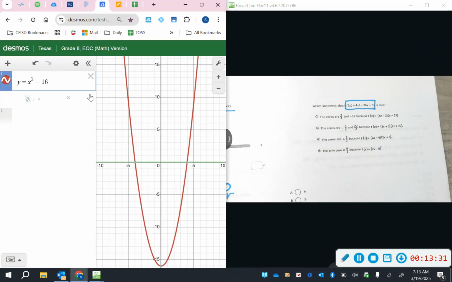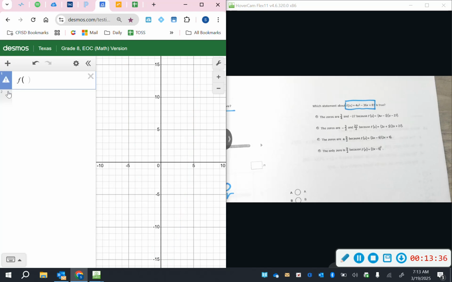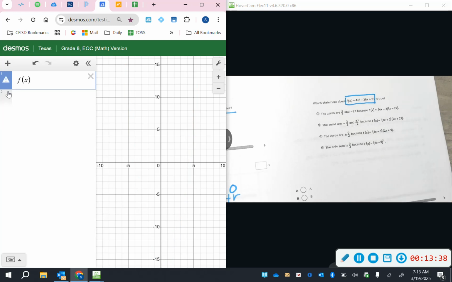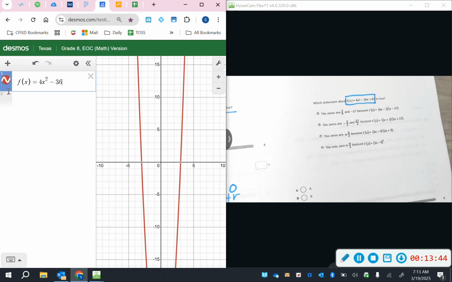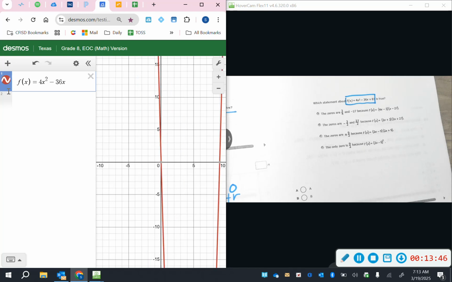Okay, so we got f of x equals 4x squared minus 36x plus 81. Did I do that right? I'm assuming I did it right. Okay.